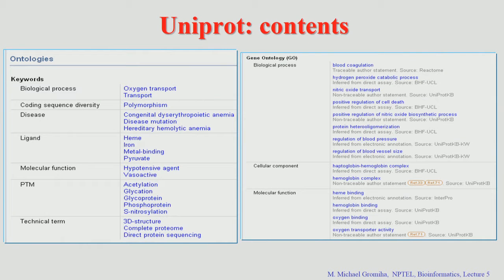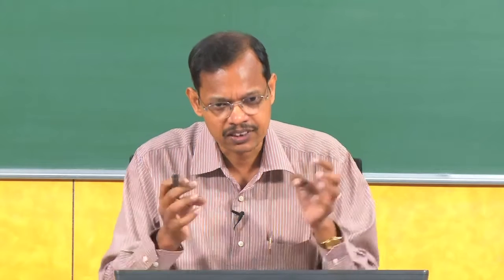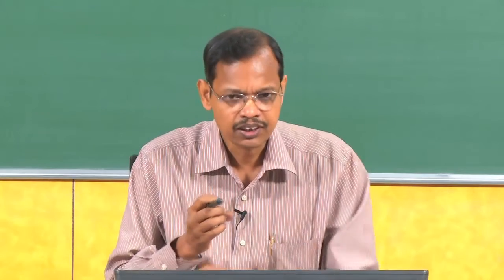Now they give the ontologies, what are the various biological processes, for example oxygen transport. Any diversity of this coding region, they have polymorphism, changes upon mutations, or any other ligands or small molecules they bind with this particular protein. What are the different small molecules bound with this protein?